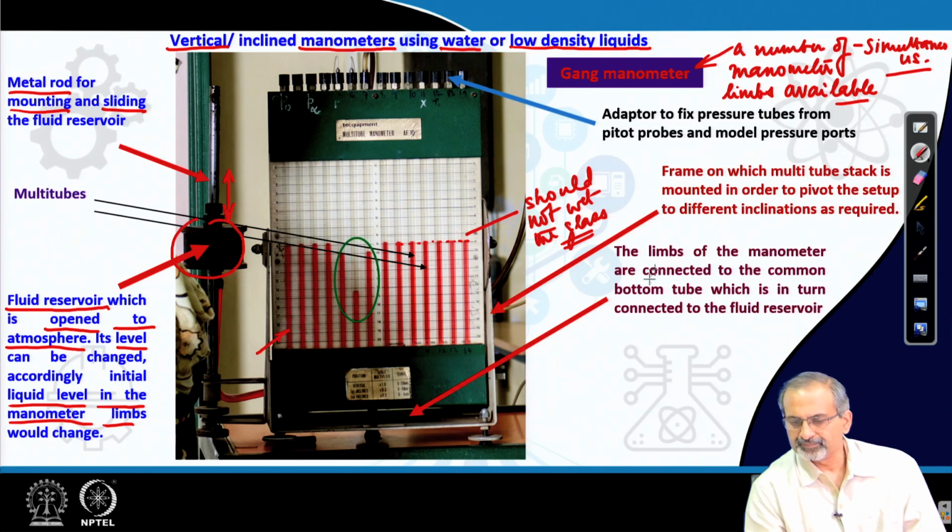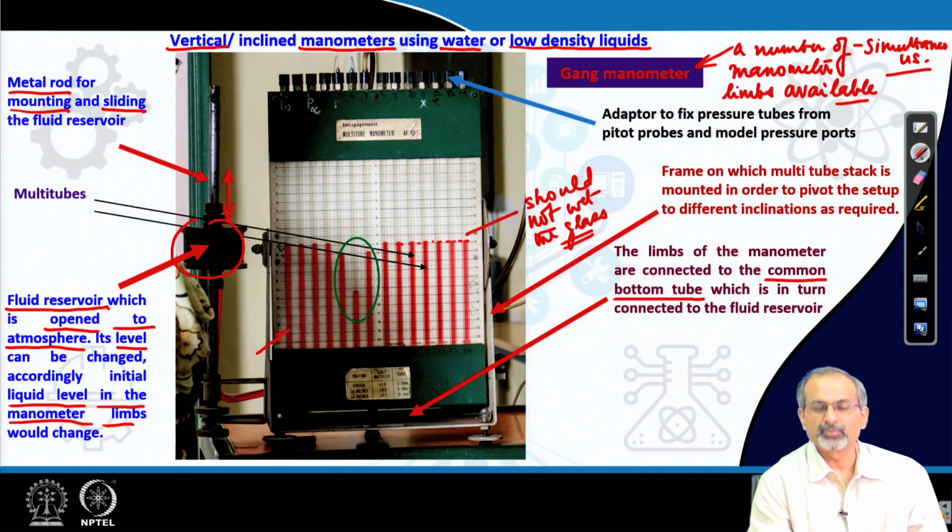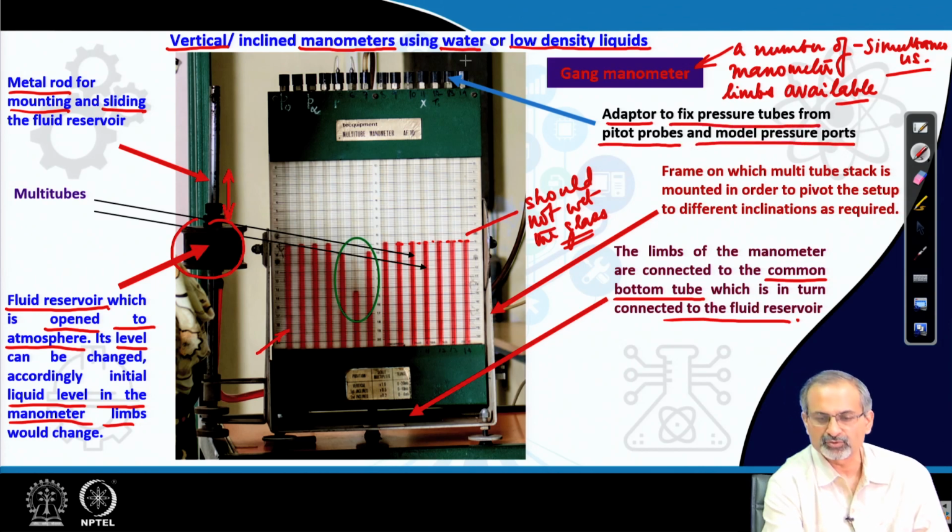There is a common bottom tube, basically a metallic tube at the base of the limbs, and the limbs of the manometer essentially get the feed of the manometric fluid through this common bottom tube, and this bottom tube is connected to the fluid reservoir. On top of the tubes, you have adapters to fix the pressure tubes which are coming from the probes and model pressure ports. So, you essentially fix the tubes here through which the pressure is basically fed.